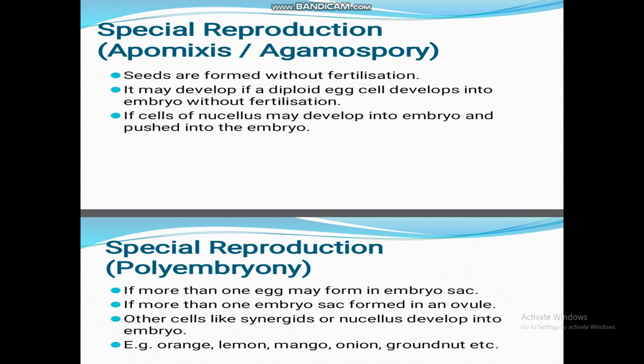It may develop if a diploid egg cell develops into an embryo without fertilization, or if cells of the nucellus develop into an embryo. The seeds formed by the process of apomixis are called apomictic seeds.